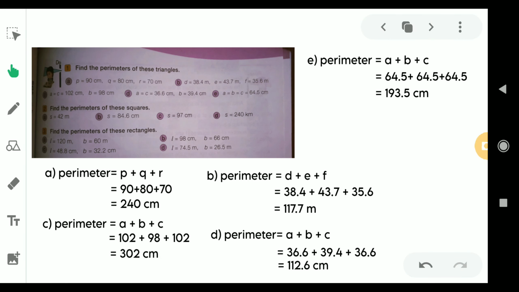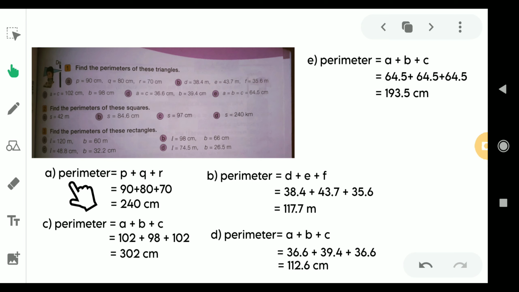First one is, find the perimeters of these triangles. These are the measurements they gave. First side measures 90 centimeters, second side measures 80 centimeters, third side of the triangle measures 70 centimeters.